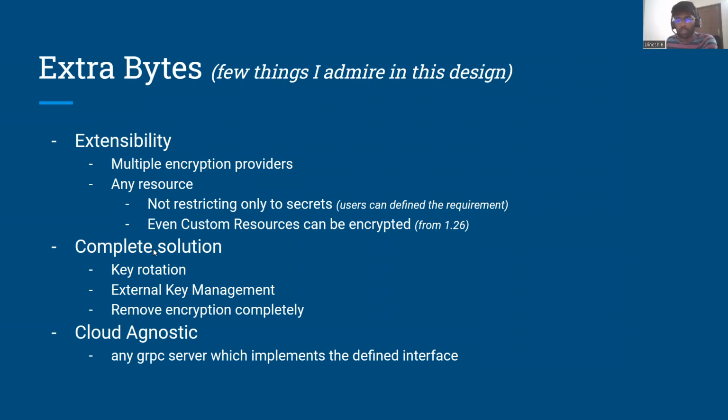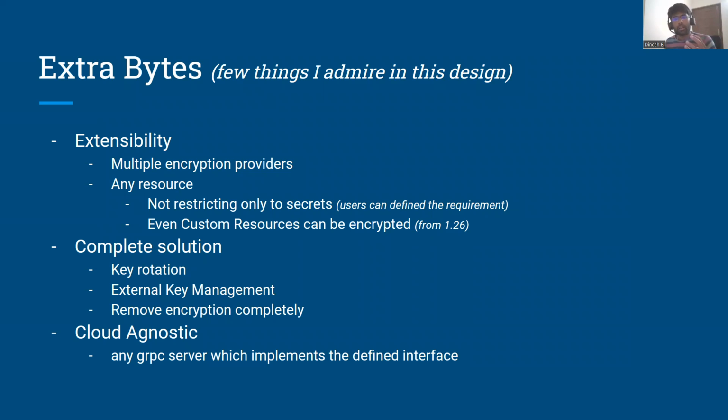It's a complete solution. They have thought through what to do in case of key rotation, and what to do if you want to completely remove the encryption, because the first provider always encrypts and the other providers decrypt. We will be able to do key rotation. We will be able to remove encryption completely if we want. Also, we can move from one KMS to another KMS.